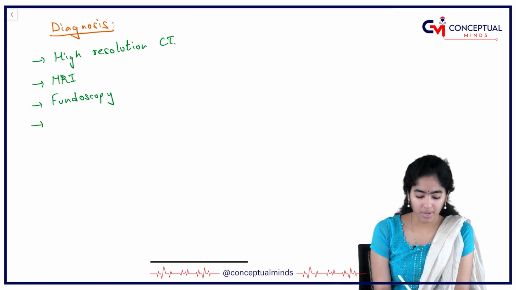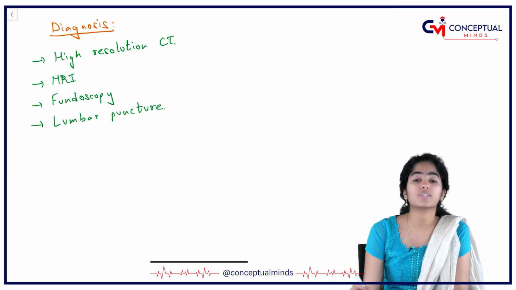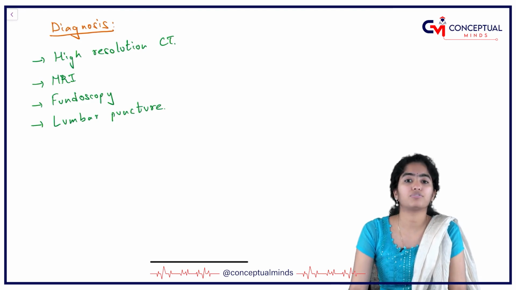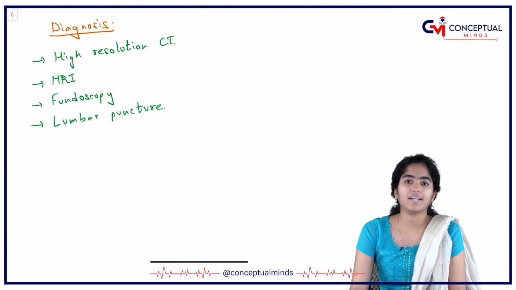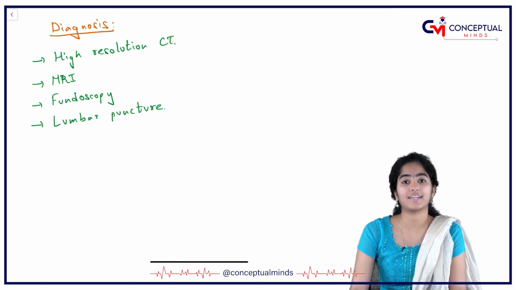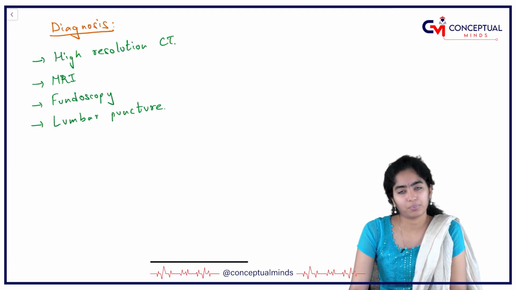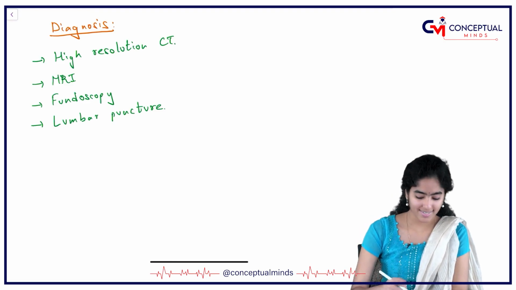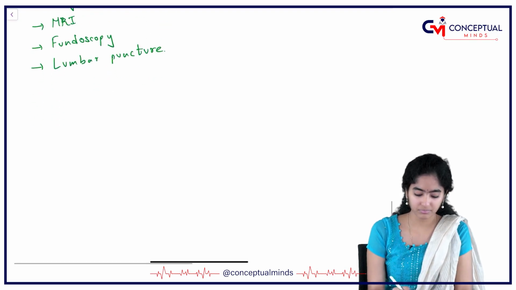And the most important part in diagnosis is a lumbar puncture. Now I told you infection of the meninges usually invades the cerebrospinal fluid also. So when we do a lumbar puncture, we can collect the cerebrospinal fluid and send it for both histopathological as well as microbiological examination that will give us a clue about the type of inflammation and infection.